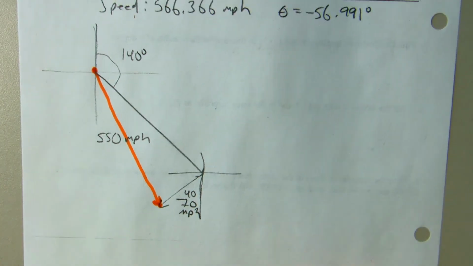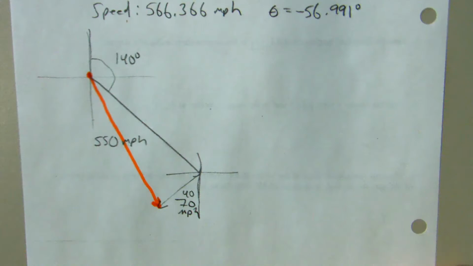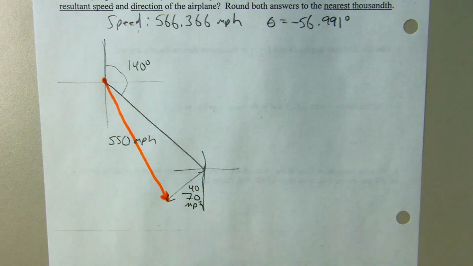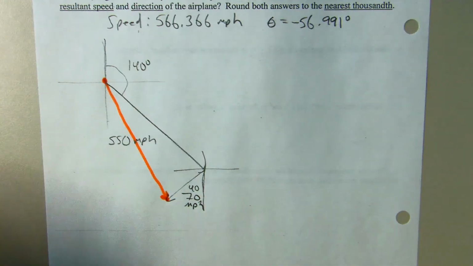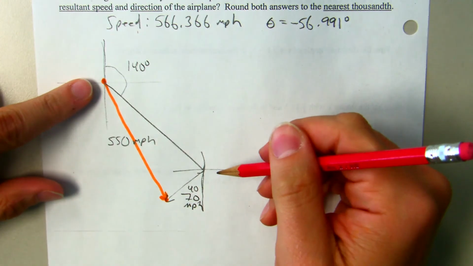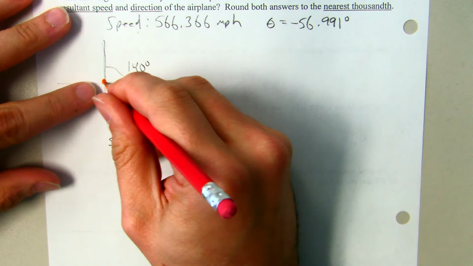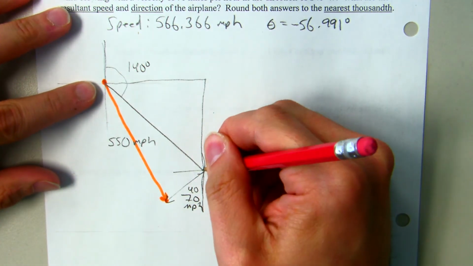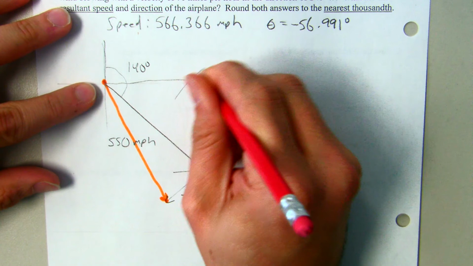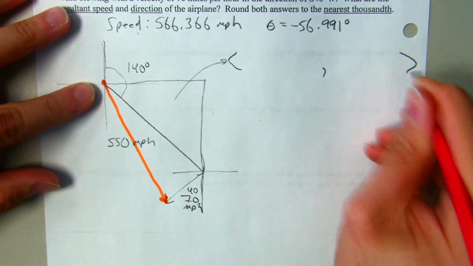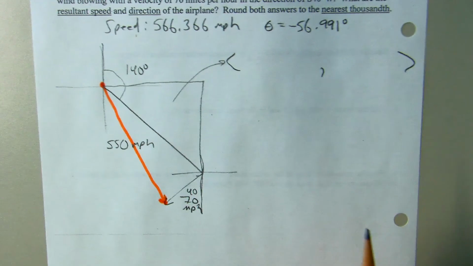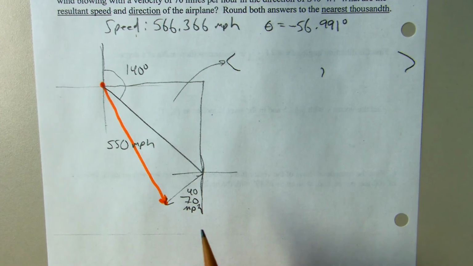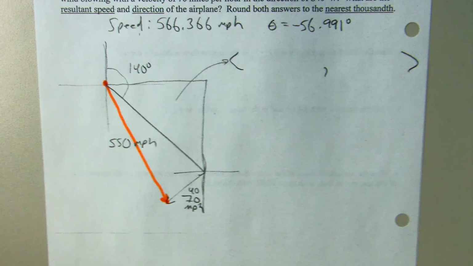Alright, and to come up with these numbers, to figure out the actual speed of your plane, I need to break each one of these vectors down into components. So how much is the airplane going east, and how much is the airplane going south? That's not the airplane. That is this one.